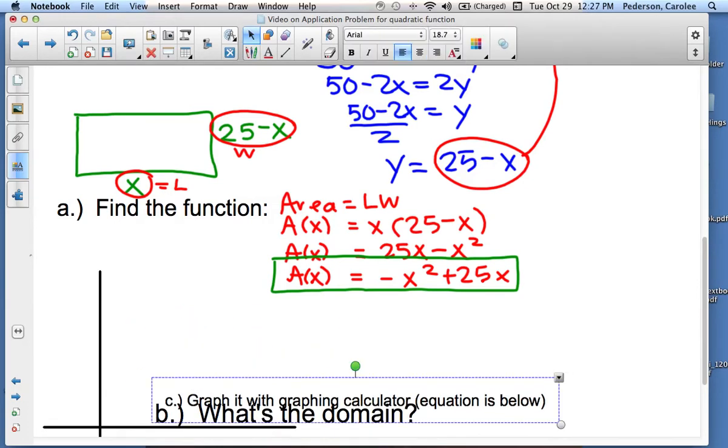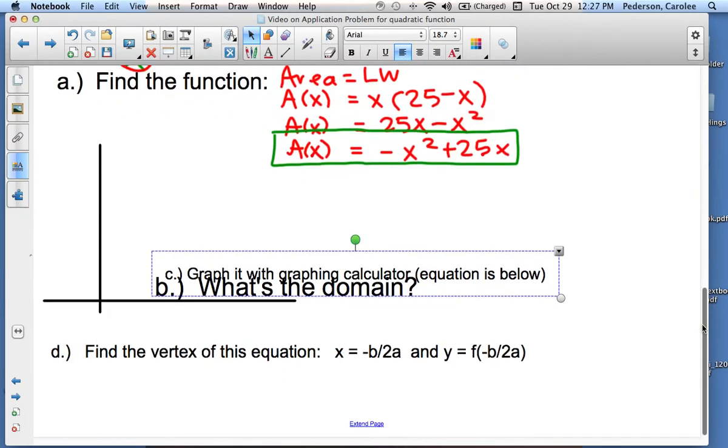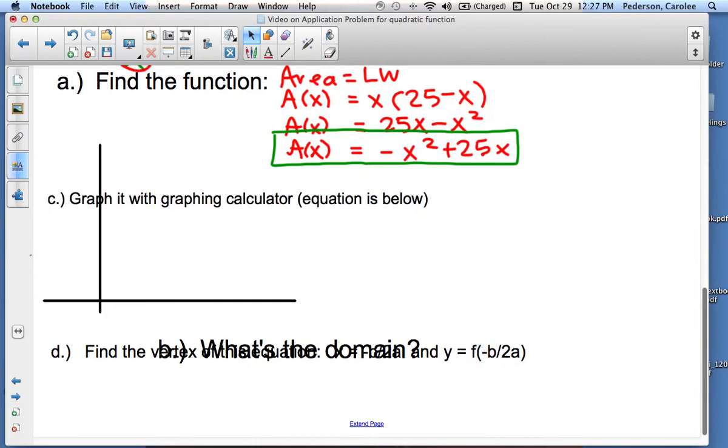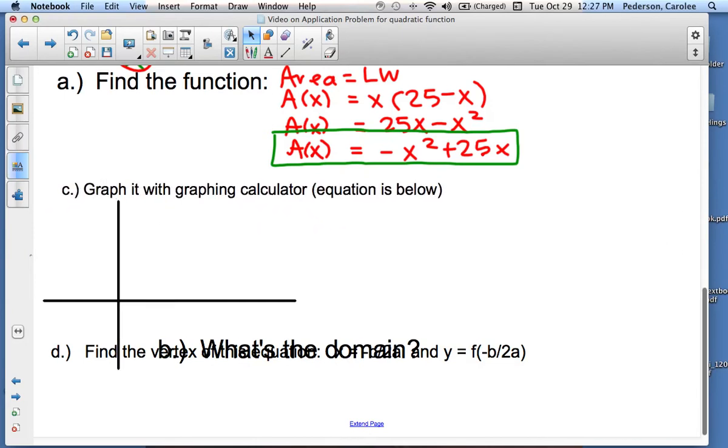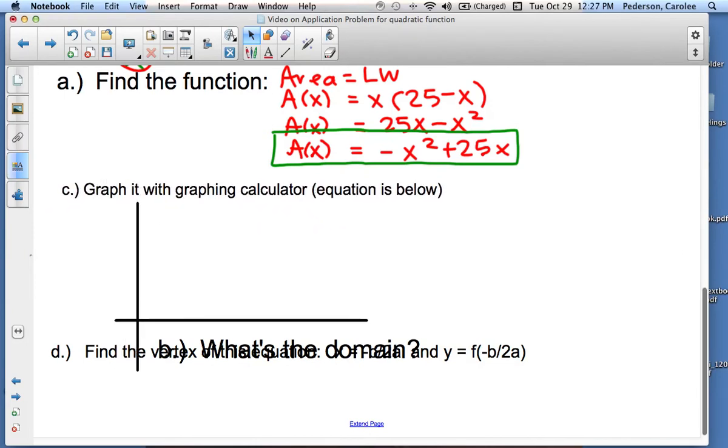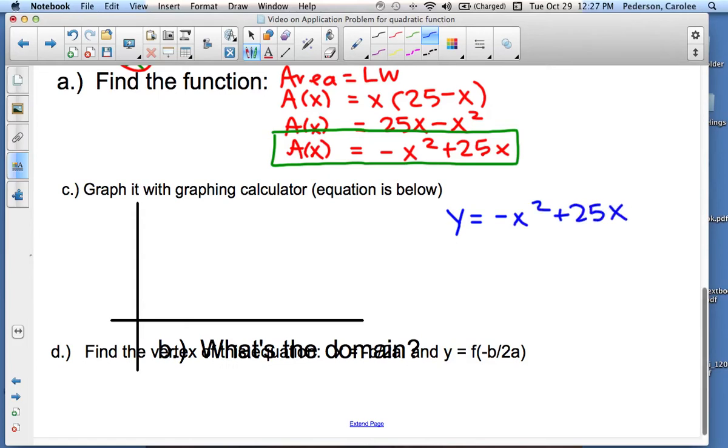Now think about this function as a quadratic equation. Let's graph it with a graphing calculator. So when you enter a graph into a graphing calculator, you're going to say y equals, and then negative x squared plus 25x. So if you have a graphing calculator, go ahead and enter it in now.